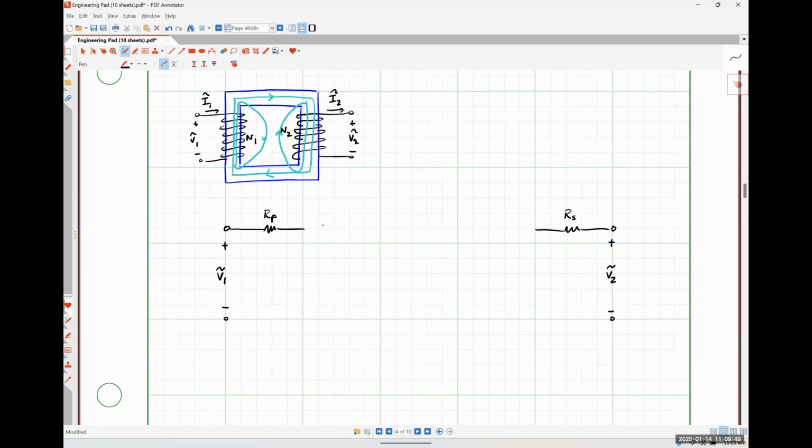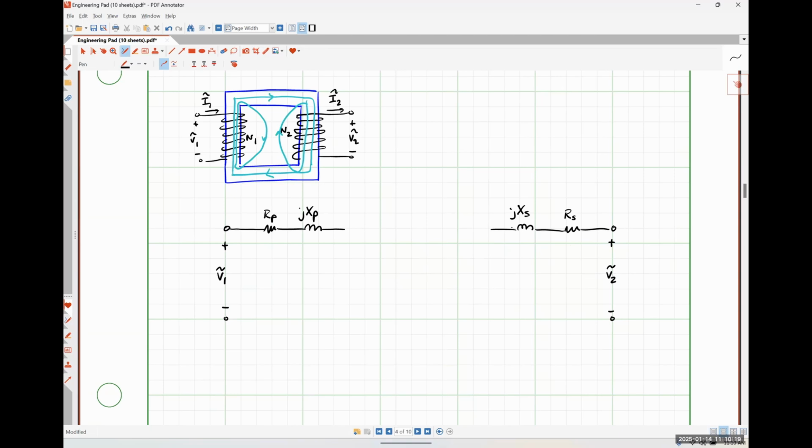So I'm going to put an inductance here that I'm going to call JXP. This is taking into account our flux leakage in coil 1. And I'm going to put an inductance here that I'm going to call JXS that is accounting for our flux leakage in coil 2. Okay.